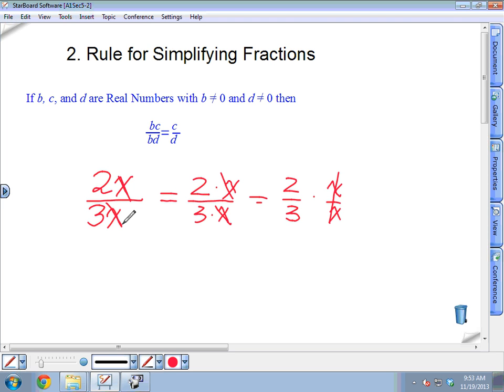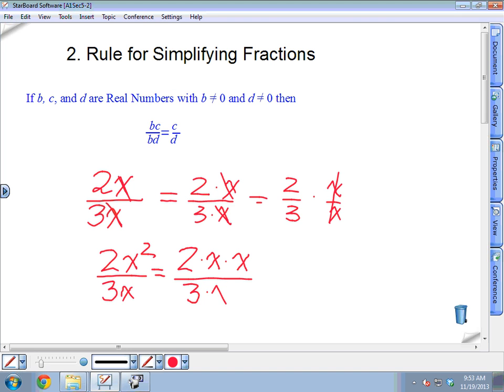Now notice my x's here were to the same power. If I had 2x squared over 3x, I cannot cancel right away. I have to first factor, which is what we're learning to do, the numerator and denominator. So I have 2 times x times x over 3 times x. Now take a look at this. I've got 3 things on the numerator and only 2 things on the denominator.